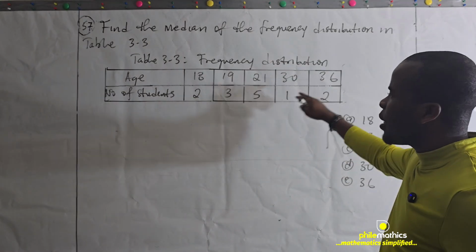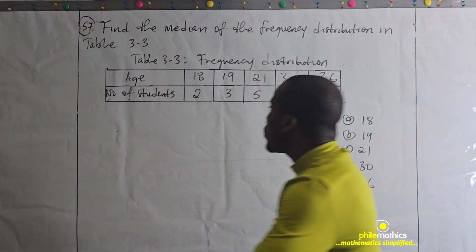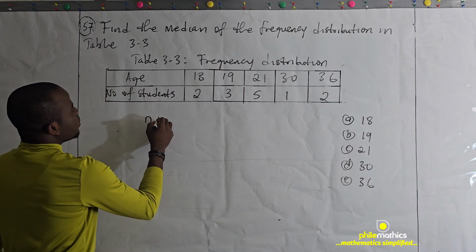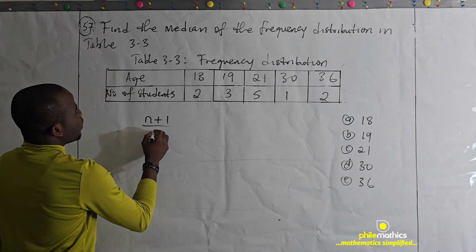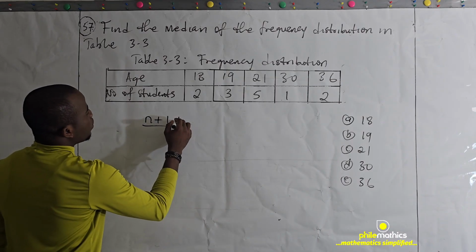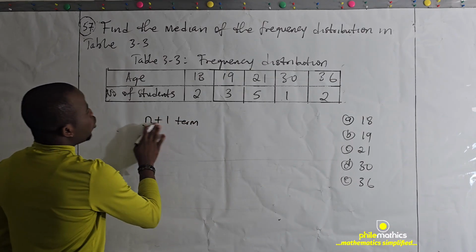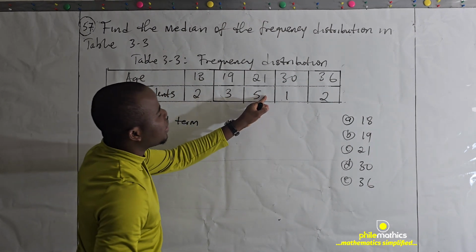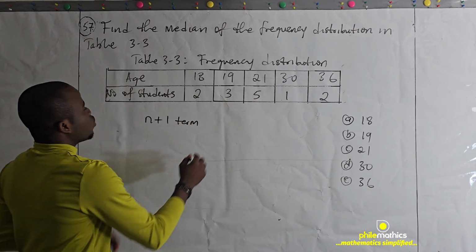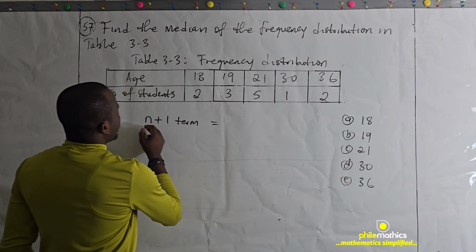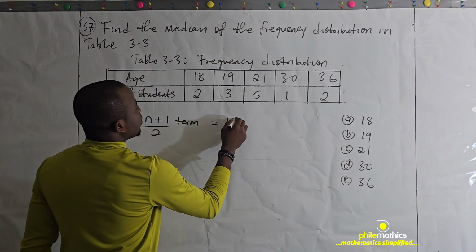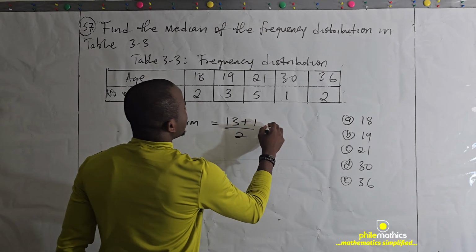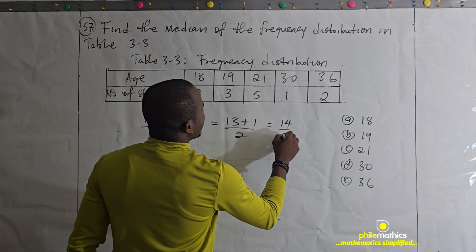Find the median of the frequency distribution in this table. We're given the age and we're given the number of students. For us to find the median, we need to look for the n plus first term over 2, because they are odd numbers here. 2 plus 3 is 5, 10, 13. So this is 13 terms, plus 1 over 2. This is the 14th over 2.